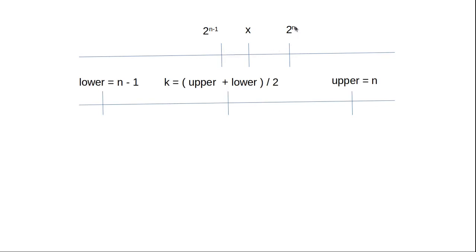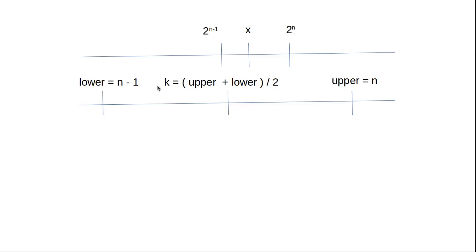Once n is identified, set n as upper and assign n minus 1 to lower. Compute the average of upper and lower and assign to k, then compute 2 to the power k.